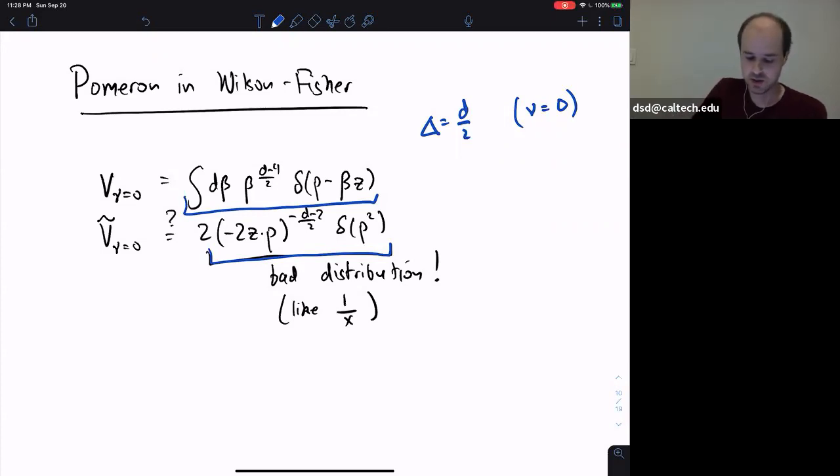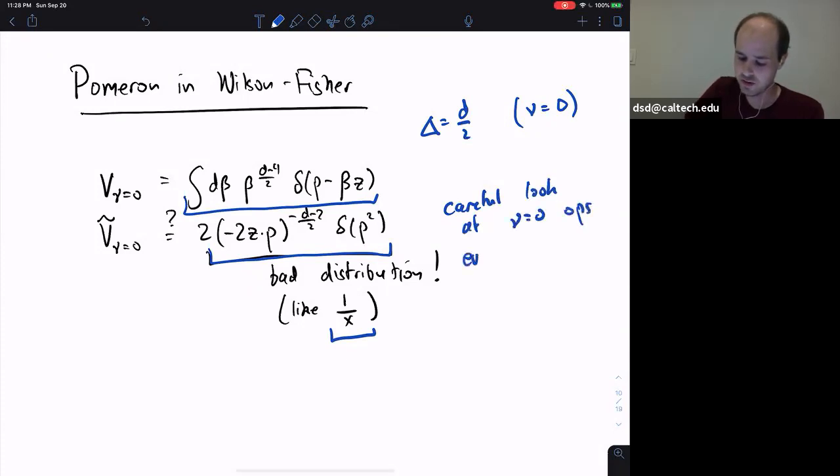The analogy you should have in mind is something like 1 over x, which can't be integrated against the test function. What this means is that we've actually misidentified what the operators are at nu equals 0, and we need to take a more careful look at the nu equals 0 operators, even in the free theory.